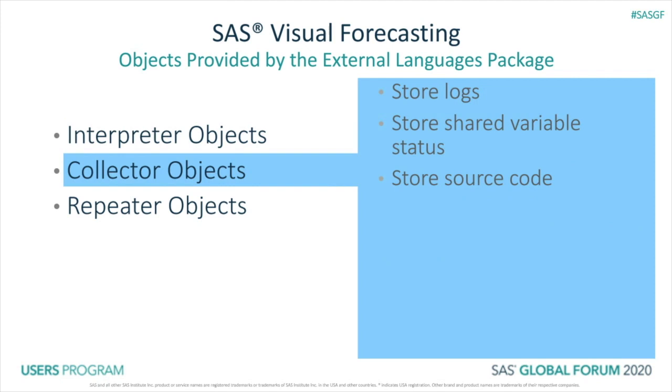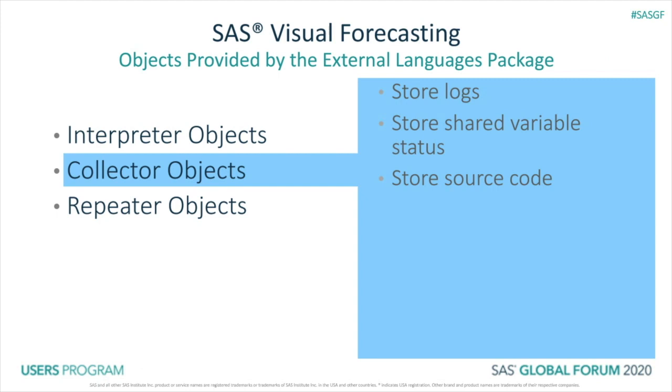The next set of objects are the collector objects. These are the ones you use to store other kinds of data into CAS tables. So for example, if you're running on millions of time series, you're going to have millions of logs. By logs, I mean anything that's written to standard output or standard error in your Python or R code using print statements or whatever.